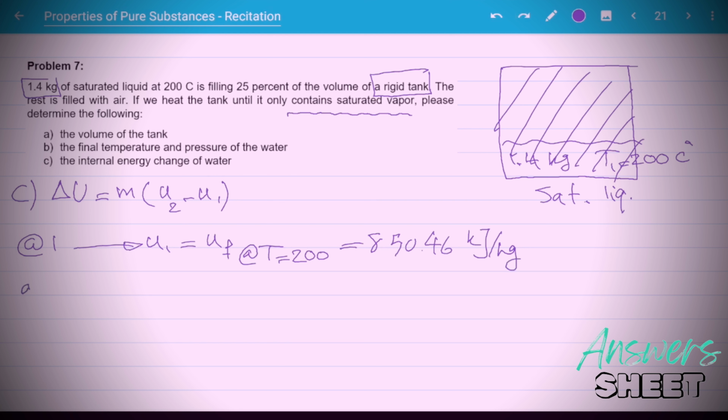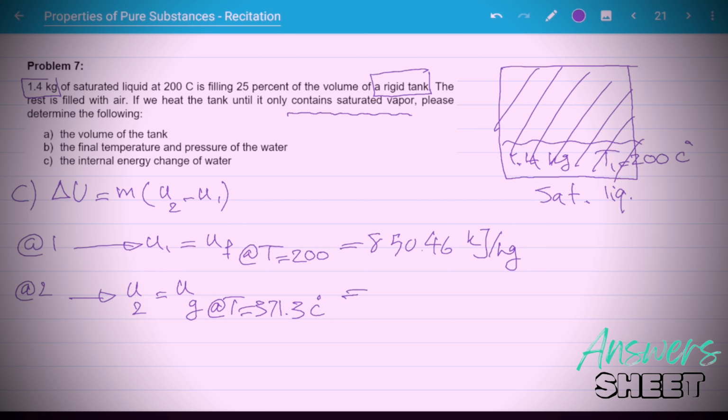Now for state 2, we know that we are dealing with saturated vapor at a temperature of 371.3 degrees Celsius, right? So u at the second state is the internal energy of saturated vapor at 371.3 degrees Celsius. Now, this temperature is not in the table.